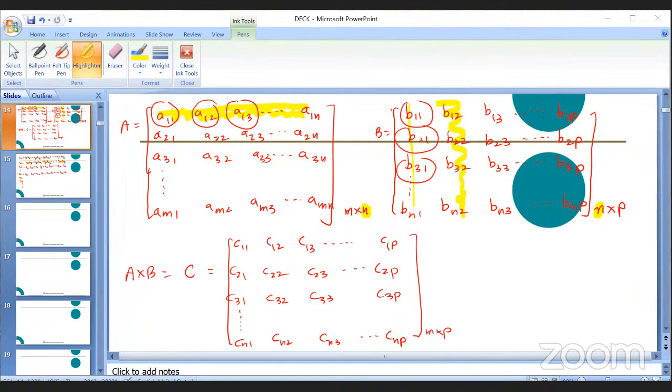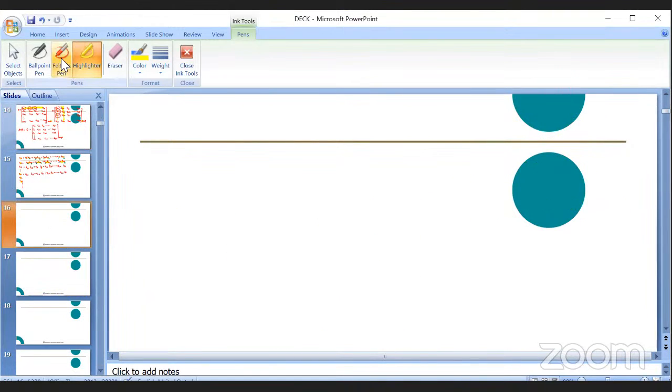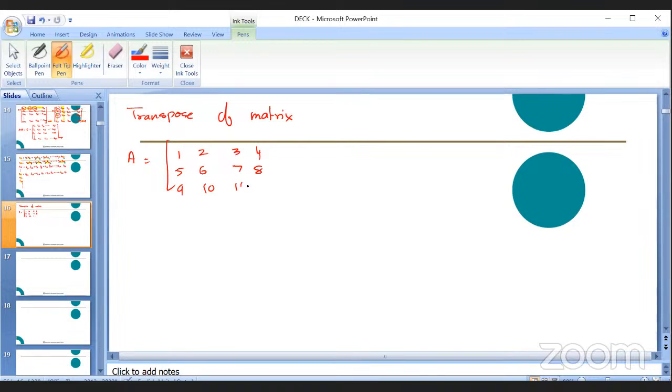The next is transpose of a matrix. What do you mean by transpose of a matrix? Suppose the matrix A is 1, 2, 3, 4, 5, 6, 7, 8, 9, 10, 11, 12. Then A transpose or A dash, what will happen is, first row will become first column.